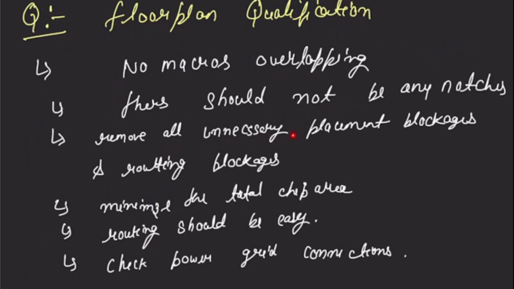Remove all unnecessary placement blockages and routing blockages that we have placed during floor planning. Minimize the total chip area. Routing should be easy. Check the power grid connections. These are the basic qualifications which we need to check before going to the placement stage.